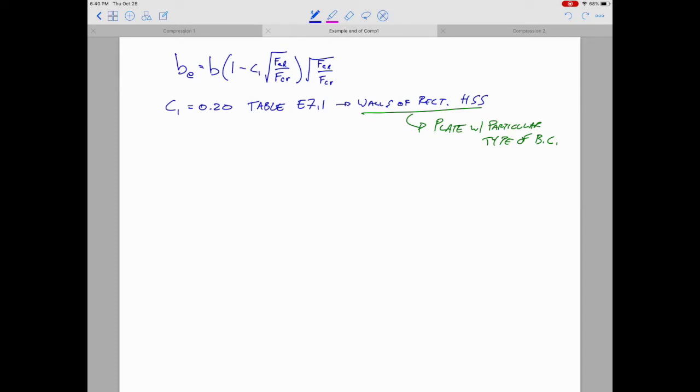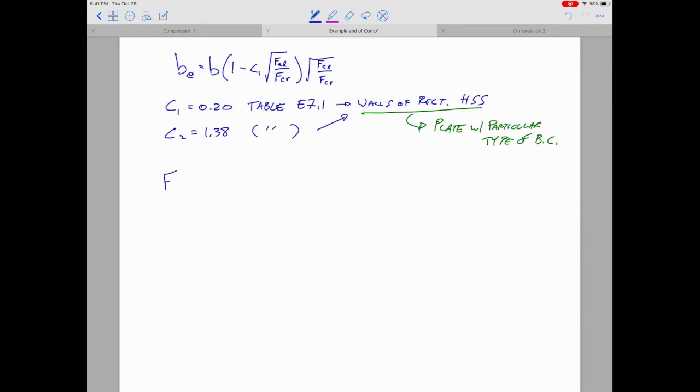You also notice that C2 is listed in that table, and it's 1.38. This is the same table, and both are telling us something about the plate boundary conditions, so we have different values for different types of plates. Okay, so where do we use these?